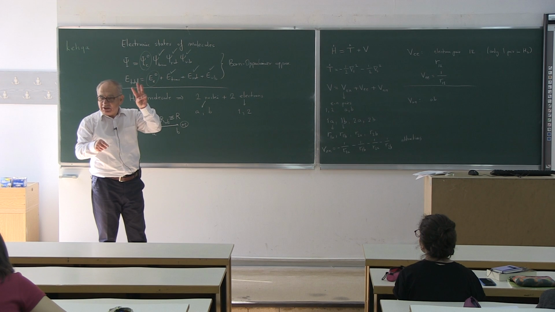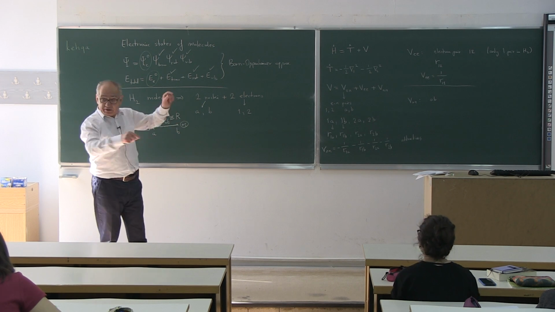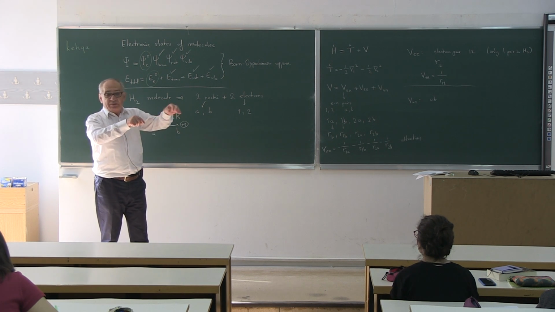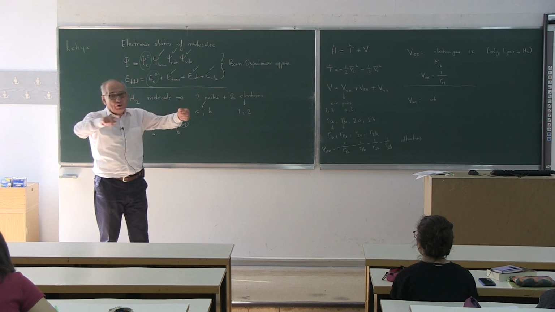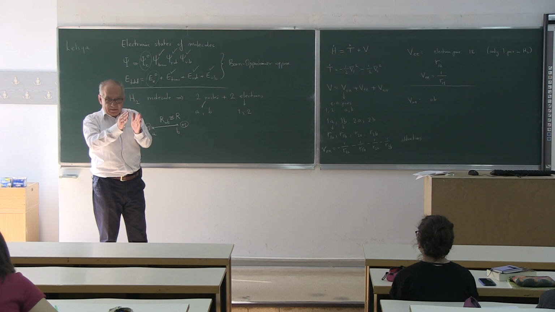How many? 3 pairs. In that case, 3 distances would be required. Then we would write R, capital R. Capital R will always tell us that it is the distance between nuclei. Small r is distance between an electron and another electron or a nucleus. So this is our standard symbolism.